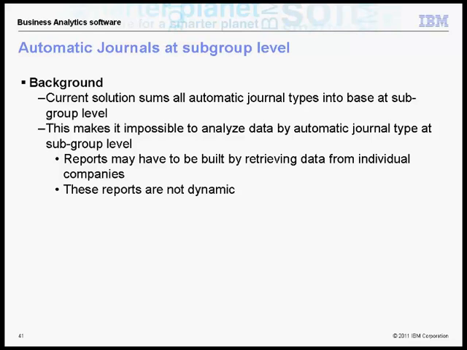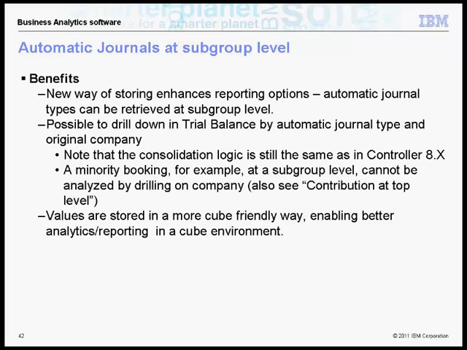What this enhancement does is it keeps them separate, and therefore you have the transparency, and that facilitates better reconciliation of your automatic journals. The way we do that is to store those automatic journals in their respective journal types without rolling into the base contribution version as we go up the structure.